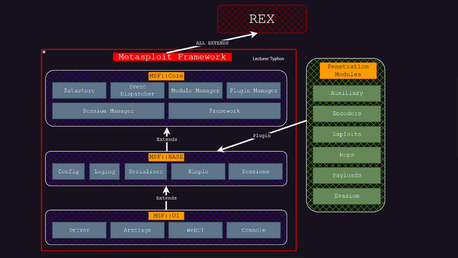They include payloads, encoders, NOP generators, evasion modules, and auxiliaries, and these modules are the heart of Metasploit's capability, allowing users to perform various tasks related to penetration testing and security assessments.